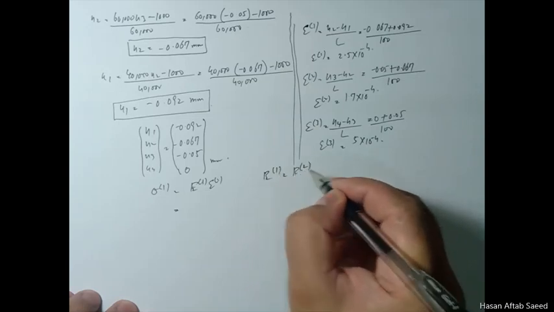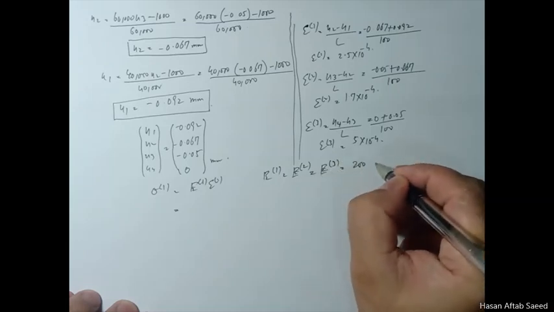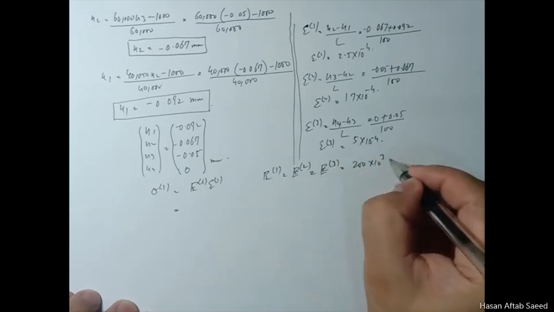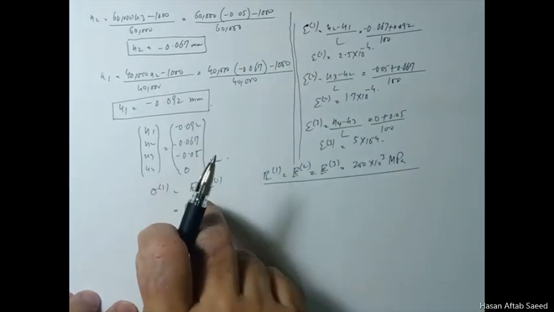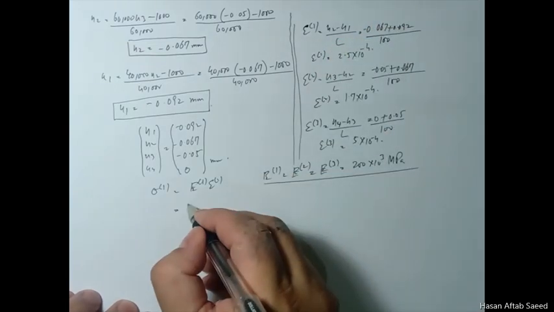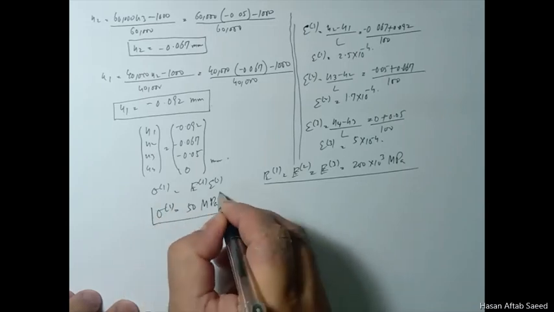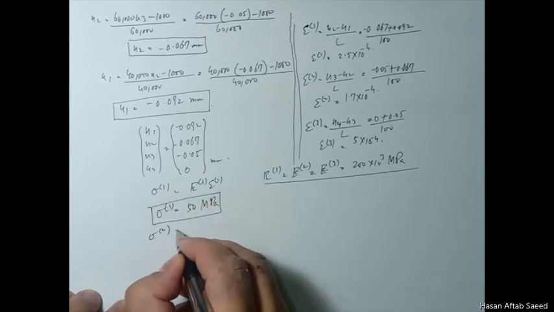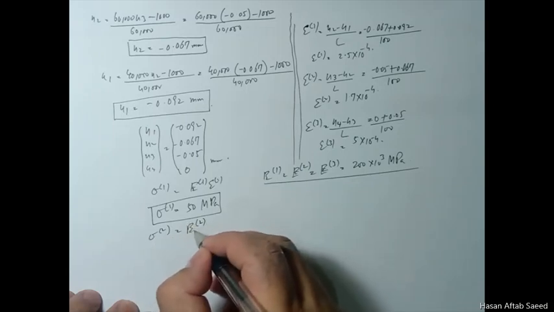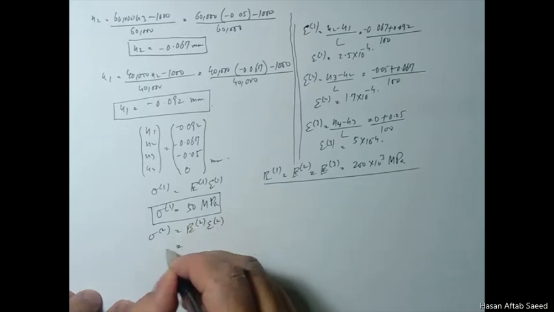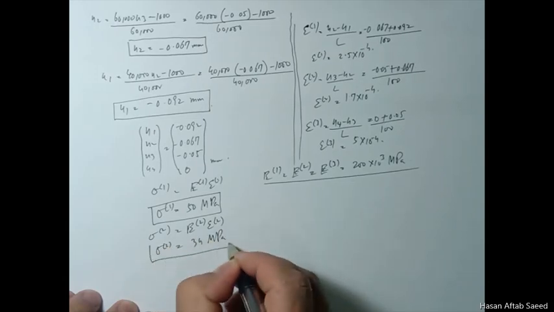E1 is equal to E2 is equal to E3, 200 into 10 raised to power 3 MPa. Recall this. So if you multiply this with this, you get 50 MPa. Sigma 2 is E2 into epsilon 2, and this turns out to be 34 MPa.